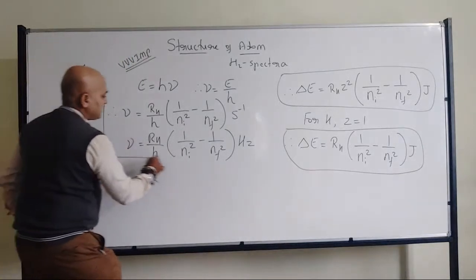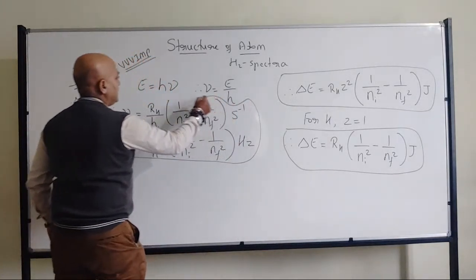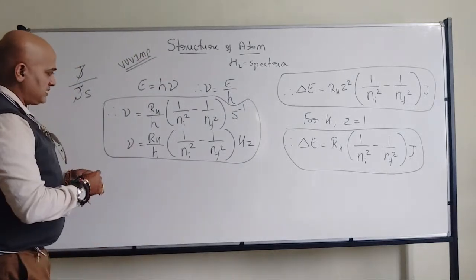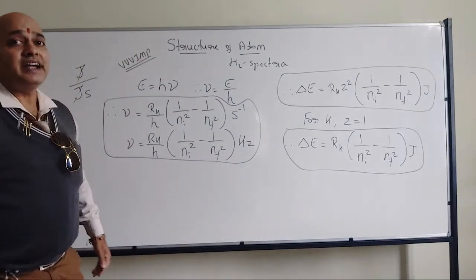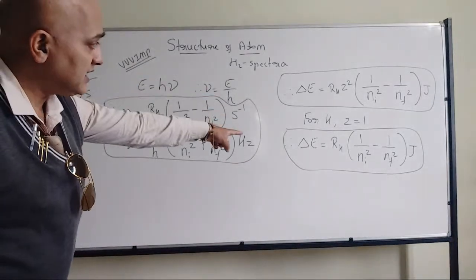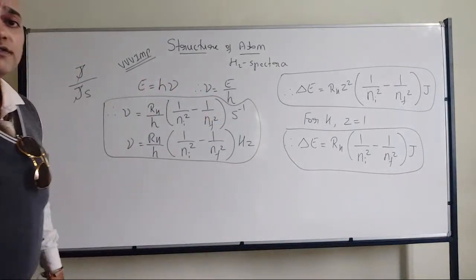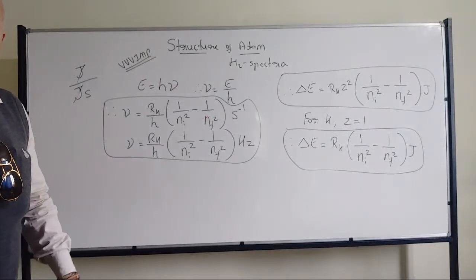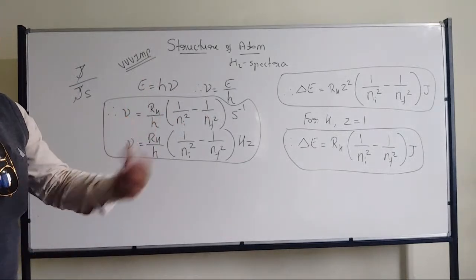So this is another equation for hydrogen spectra, in terms of energy and in terms of frequency. Now in your textbook they have given it with wave number.